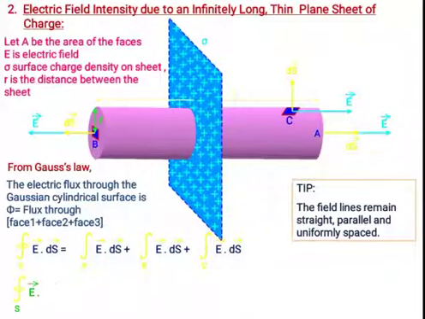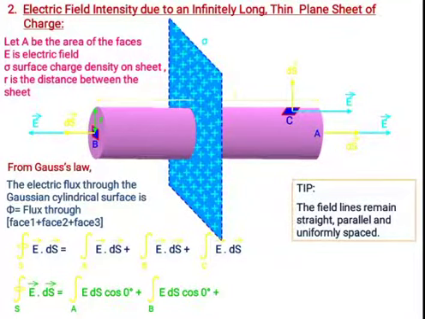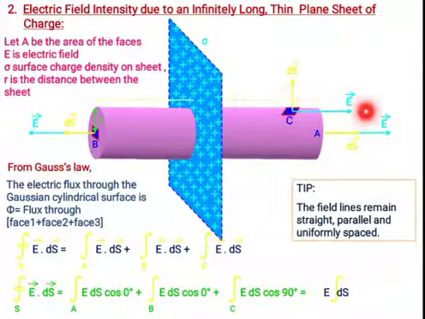Now if we remove the dot, then we have to write cos theta. Here cos theta is 0 at point A and at point B, cos 0. Similarly for face B. But what about face C? Definitely the angle between these two is 90 degrees, right?